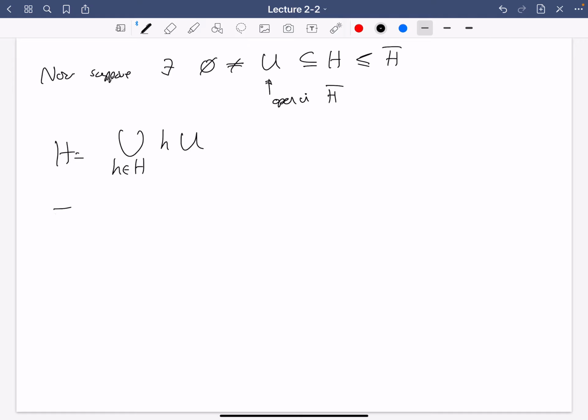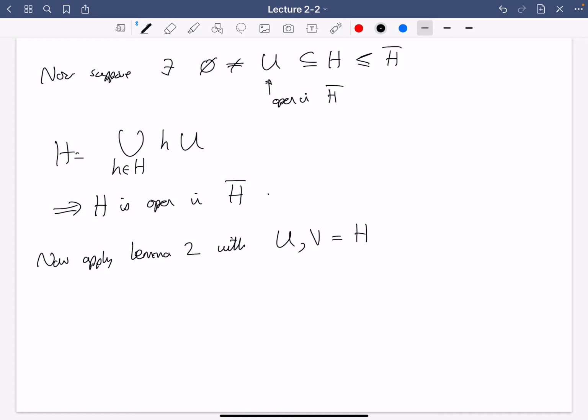So this shows that H is open in H bar. And now you apply lemma 2 with those two non-empty open subsets, U and V both being H, to actually get that the algebraic group H bar is HH, which is of course H. And so there we go, H bar equals H.